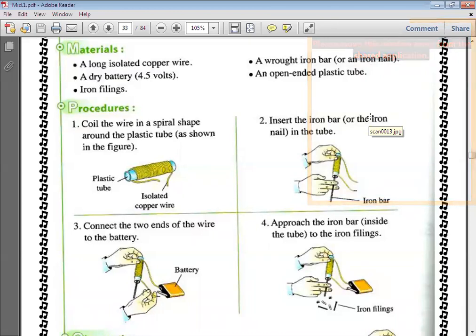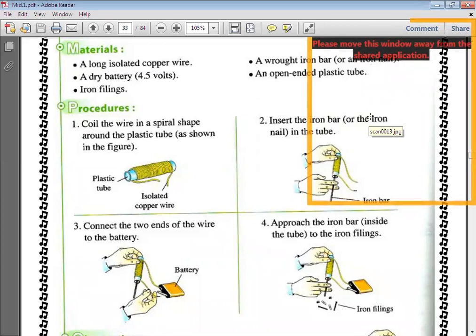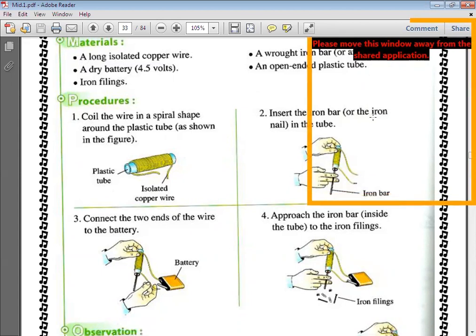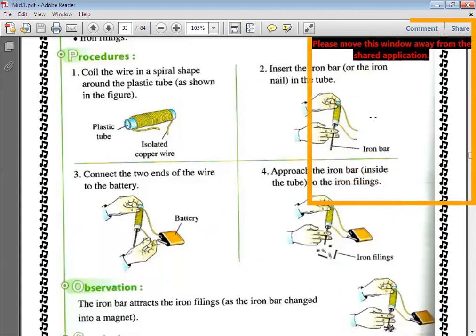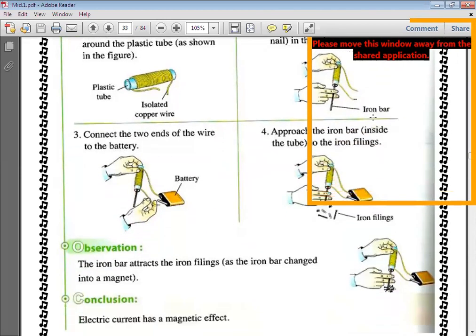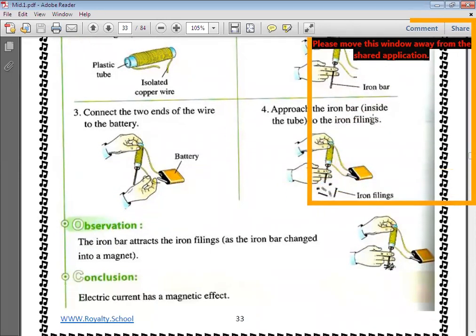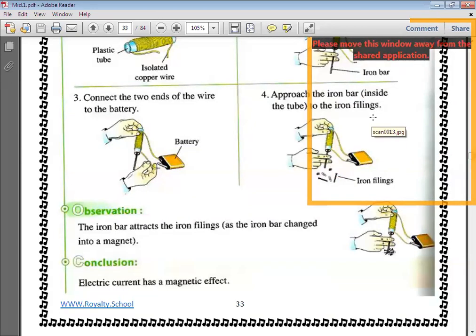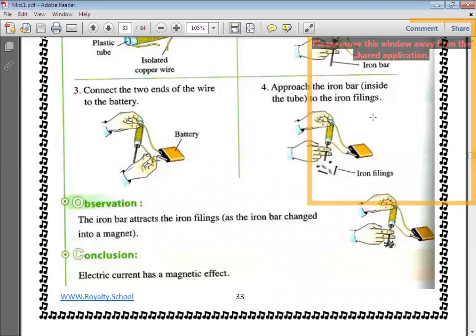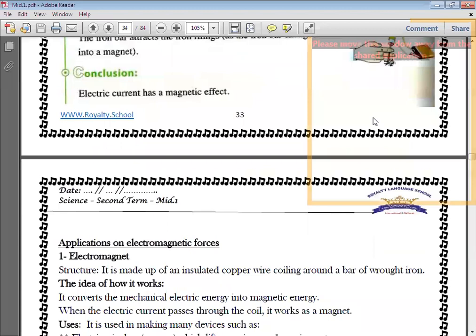Okay, but when I cut the electric current from the battery, the iron bar releases all the iron filings, because when we cut the electric current, there is no electric energy to change into magnetic energy, so the iron bar doesn't work as a magnet. The iron bar attracts the iron filings because the electric current changed into a magnetic effect. This is the idea of making an electromagnet.